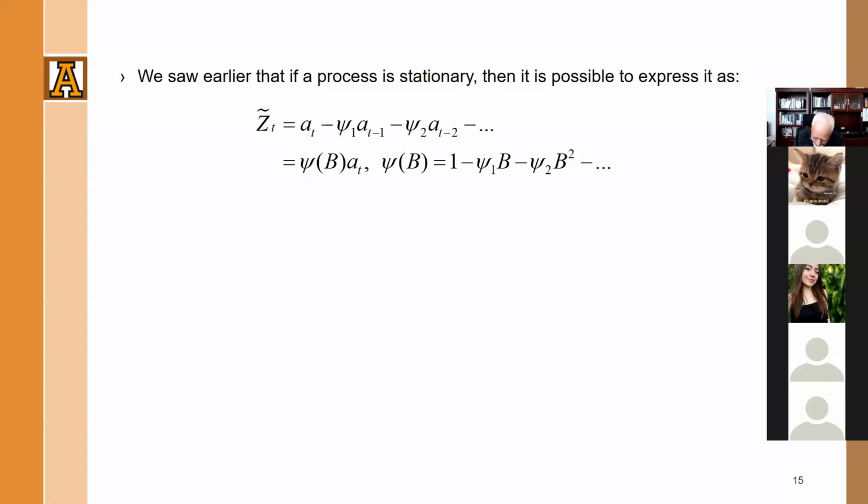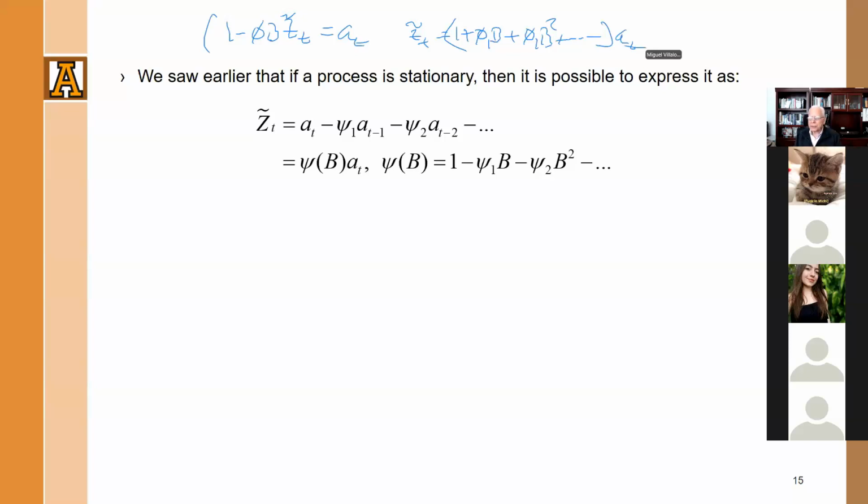Because in the AR1, if my process is (1 minus phi B) Zt equal at, and phi is less than 1 in absolute value, that is, if the root of the polynomial lies outside the unit circle, then Zt can be expressed as 1 plus phi 1 B plus phi 1 squared B squared plus, an infinite sequence, applied to at.